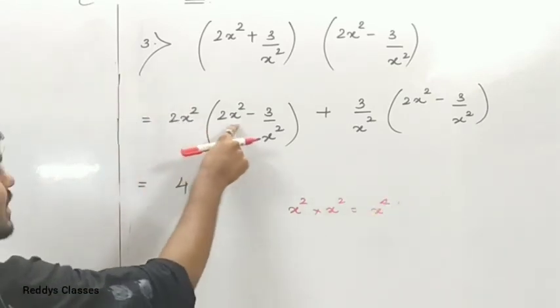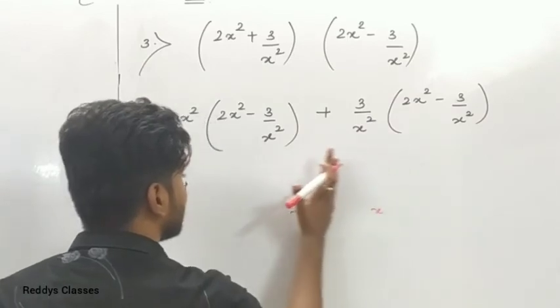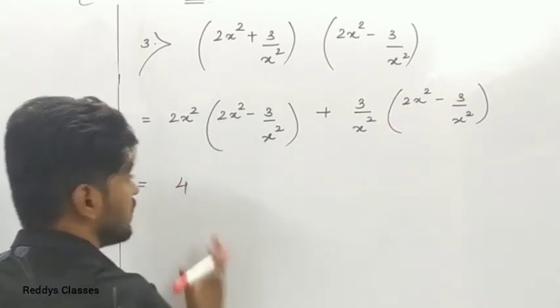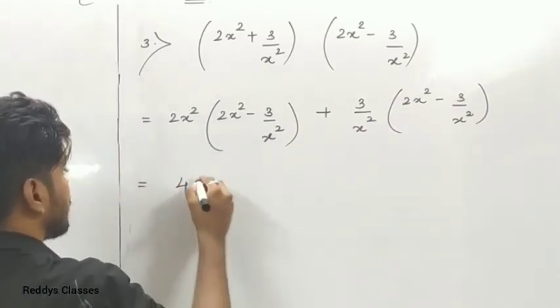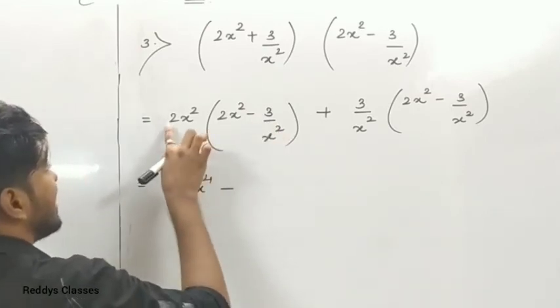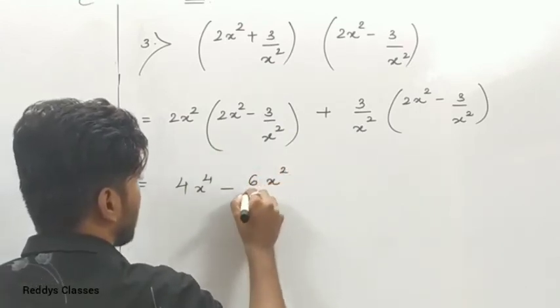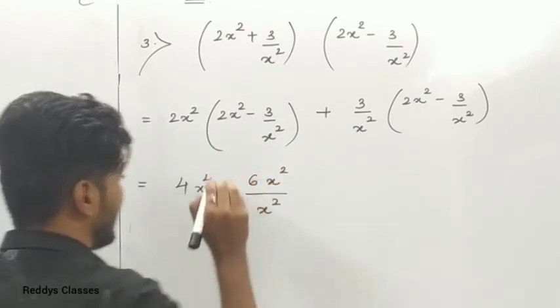So this x square and this x square will become x power 4. So let us use this term as x power 4 minus 3 into 2 is 6 x square upon x square.